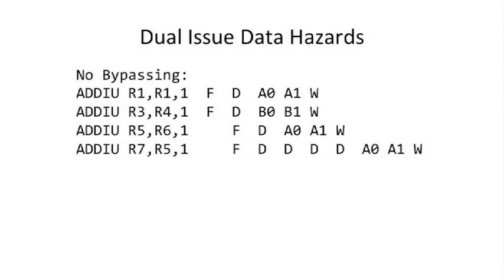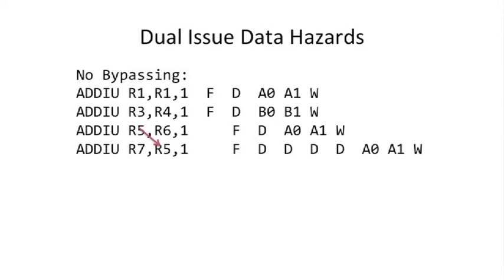OK, so let's look at a little bit more complex example here, a dual issue data hazard. What happens when you have data hazards? So unfortunately, when you have data hazards, this is without any bypassing. This first example, this first two instructions here don't have any data hazards. But here we have a write to register 5 and a read from register 5.